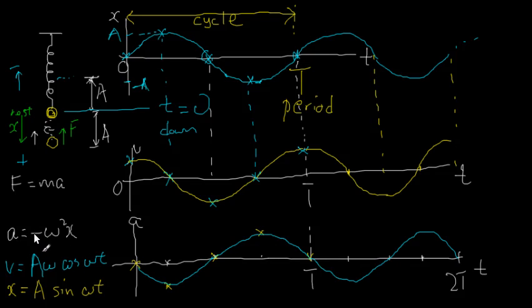Now, the effect of having a minus sign on the graph: if I multiply each x value on this graph by a minus sign, it just means that each point on the graph will become negative, which is exactly what happened here in the graph. So that point becomes negative, it comes down here. That point, which has a negative x because it's below the axis, if I add a minus sign to that, it becomes positive because minus times minus is positive. So therefore, I have a positive acceleration here.